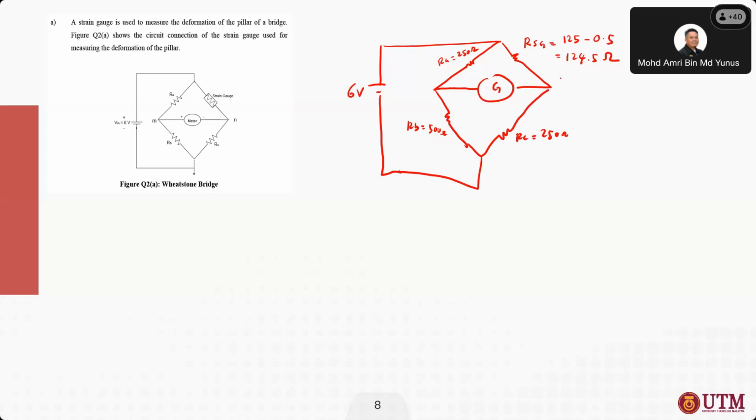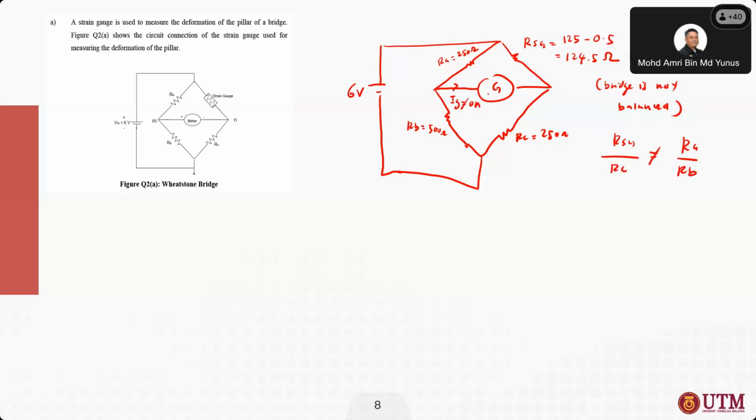In practice, when RSG has reduced by 0.5 ohm, this bridge is not balanced, or you can say that RSG divided by RC is not equivalent to RA divided by RB. So when not balanced, in practice IG is not equivalent to 0 ampere.